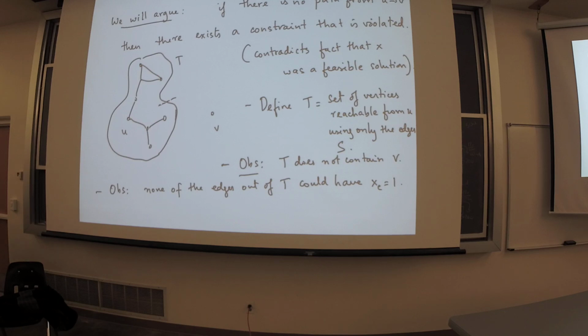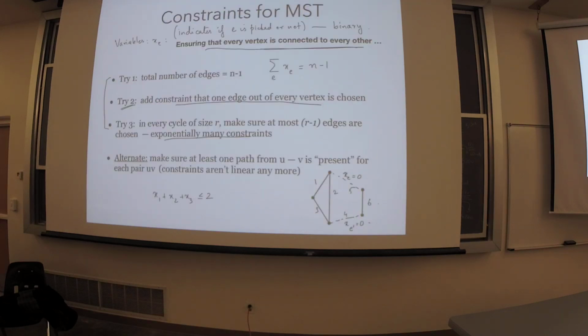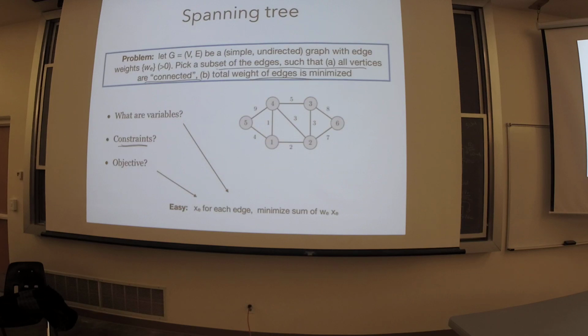You said that we don't need a constraint that ensures no cycles. Why is that? Oh yeah, this is going back to this question. All I'm saying is that the definition of the problem just asks you to find a set of edges such that all the vertices are connected to one another.